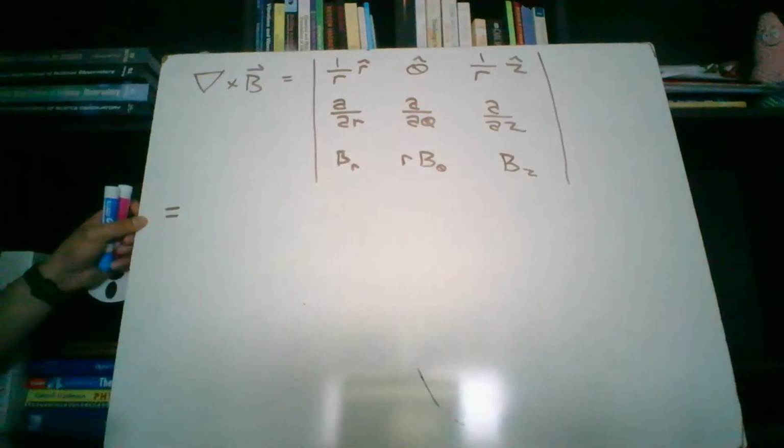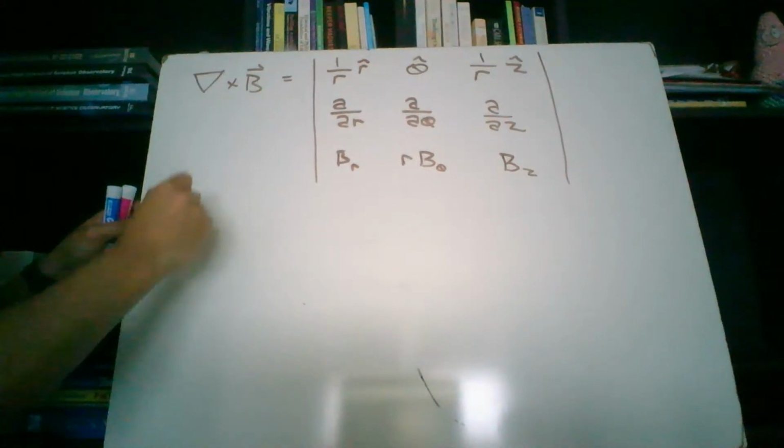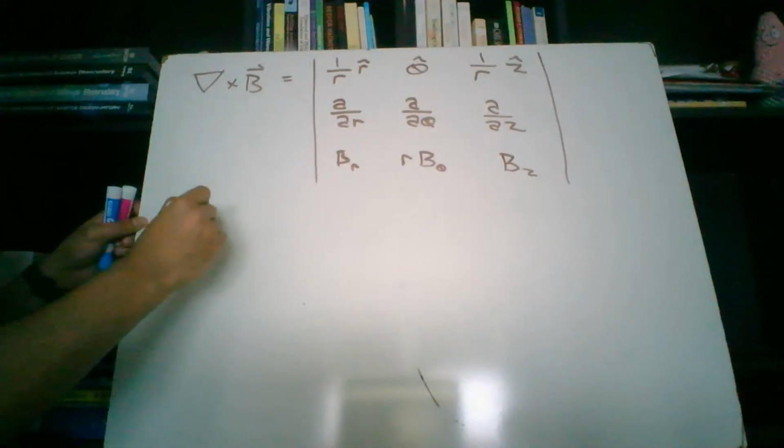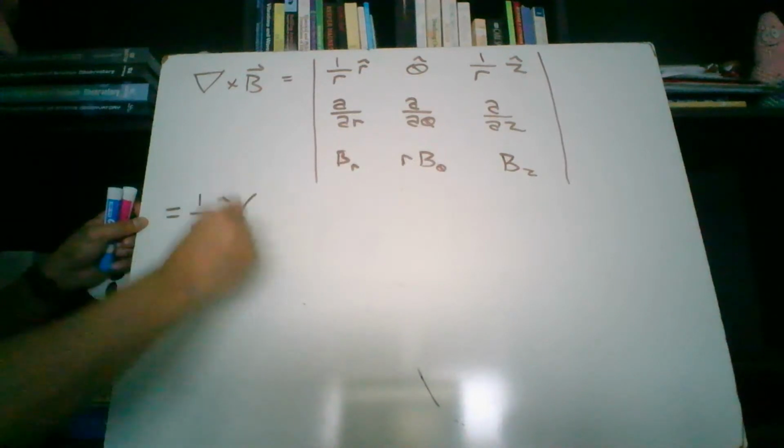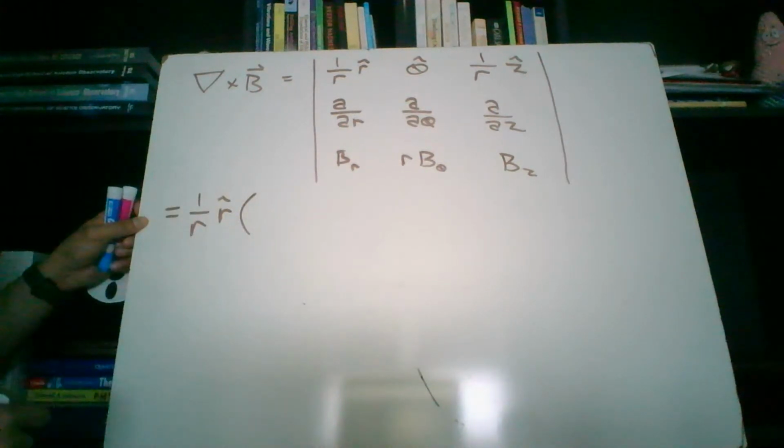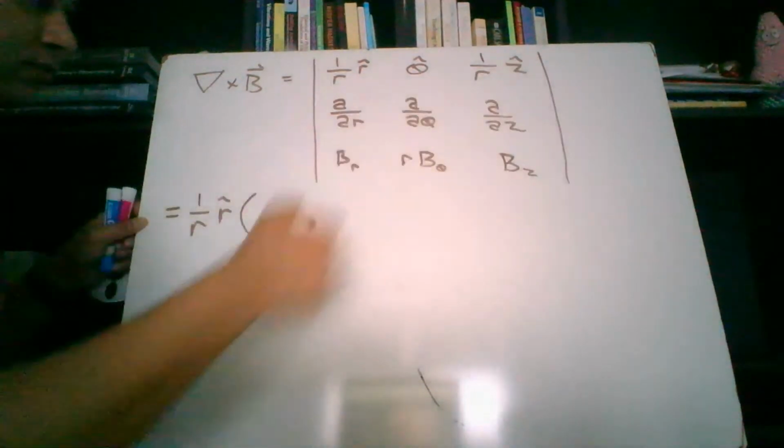So what does that look like when we actually work out this determinant? Because we're going to use it. It'll be 1 over r in the r hat direction. And then on the inside, we are going to put this cross that.